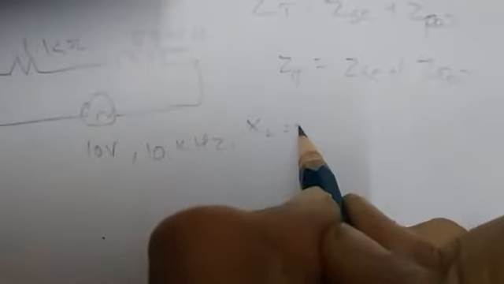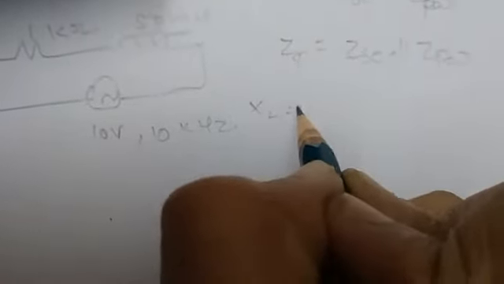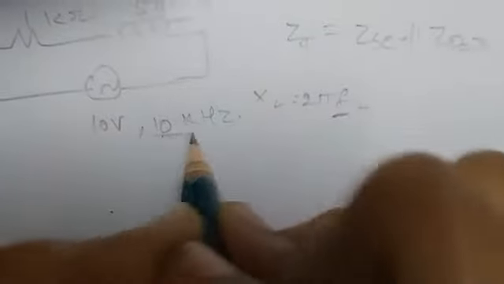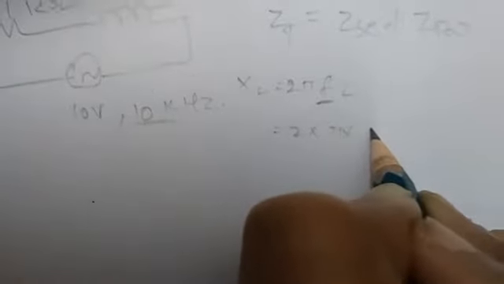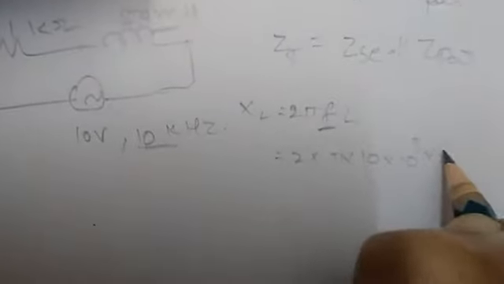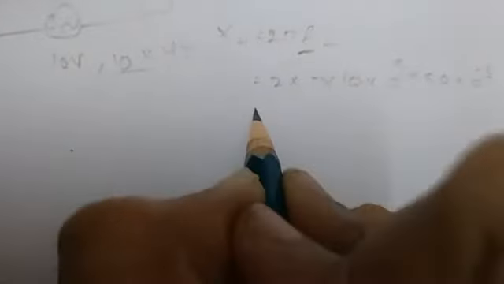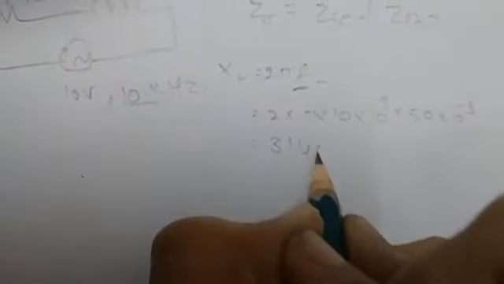We know XL is equal to 2 pi F L, where F is the frequency of your source. So 2 times pi times 10 kilohertz, 10 power 3, and 50 millihenry. If I perform this, it will be around 3150 ohms.